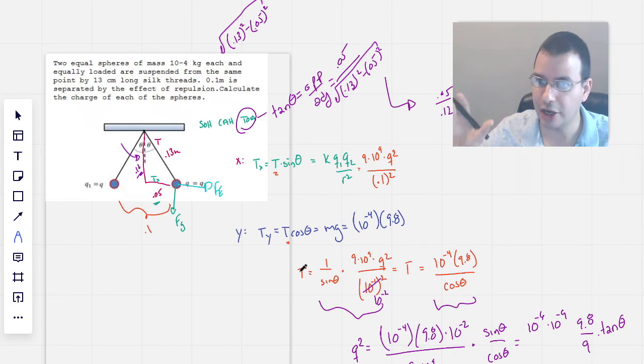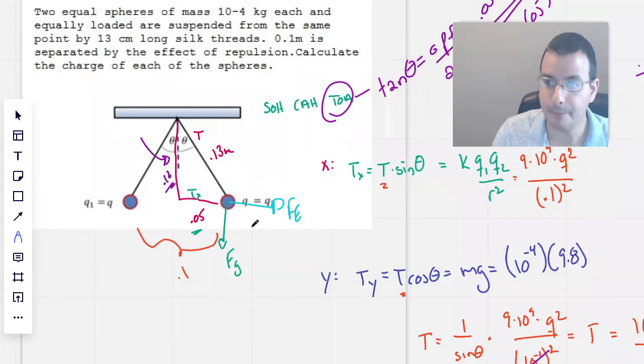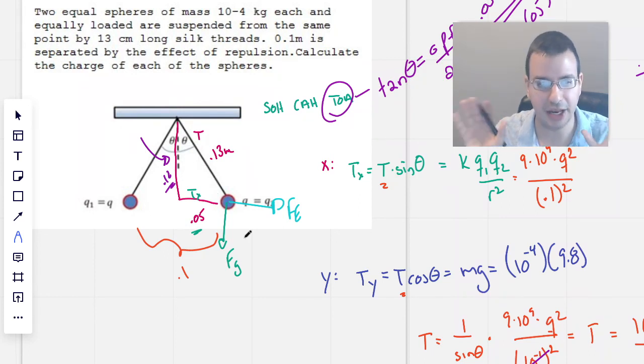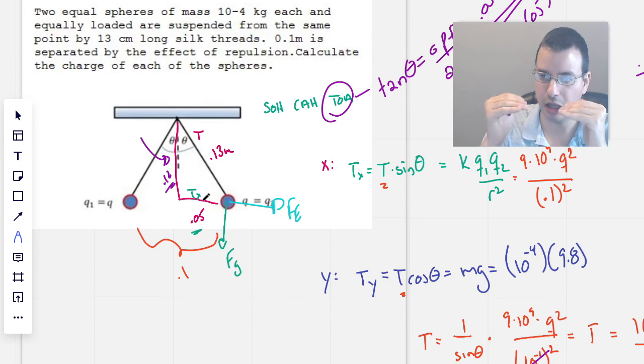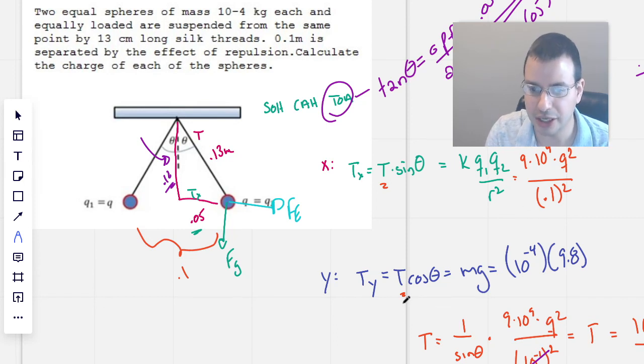So to backtrack kind of what we did here, we have the electric force pushing these apart, we have gravity pulling it down, and we have a tension in this string. Since it's symmetrical on both sides, we can use that along with trigonometry to set the x components equal to each other. We said tension of the string in the x direction was equal to the electric force.